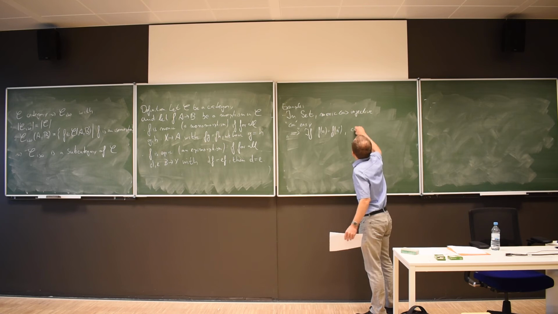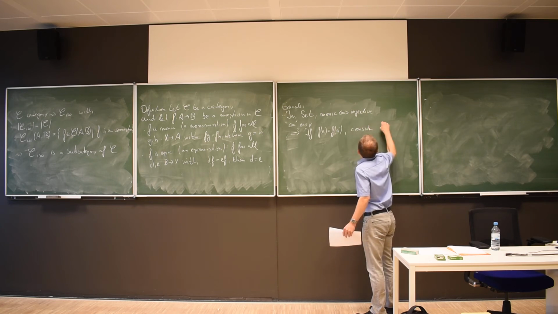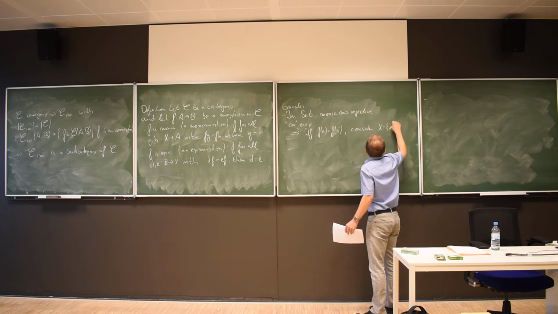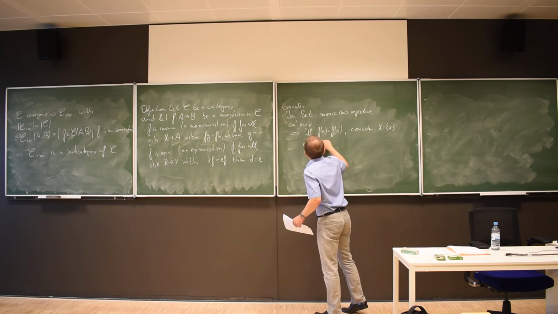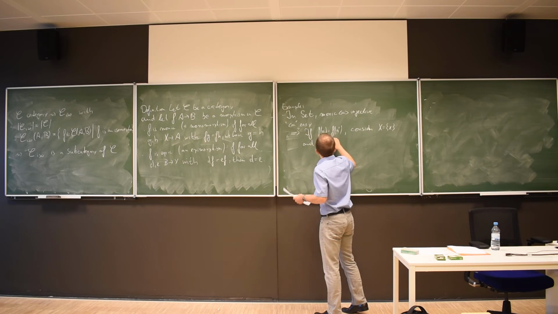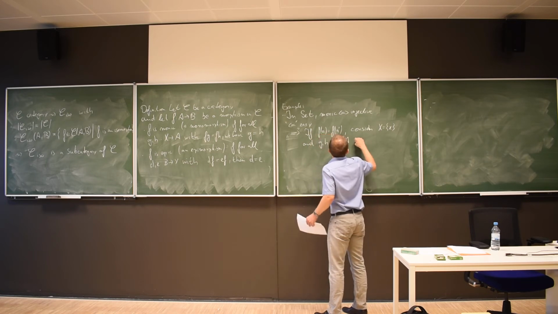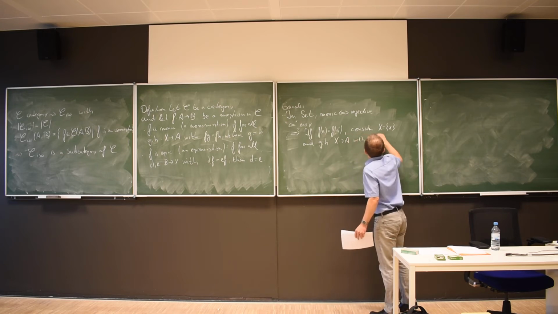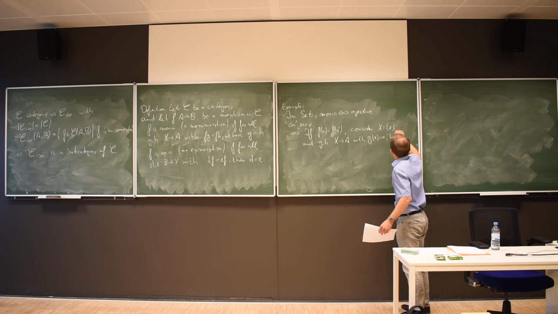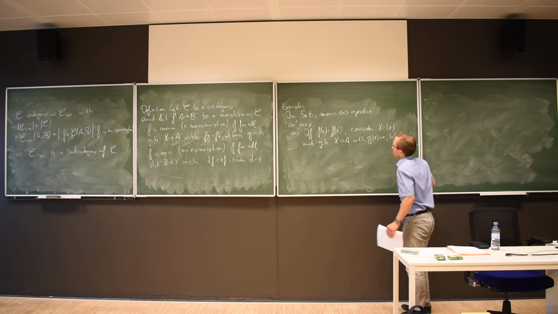And to see this, we now consider the one element set X and the functions G, H from X to A that are defined by G of x is A and H of x is A prime.